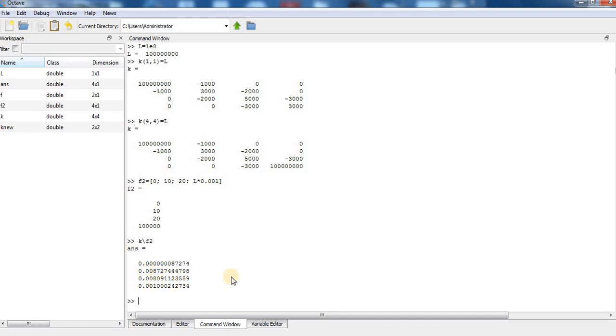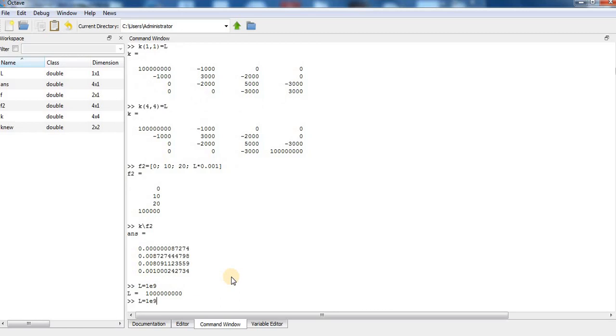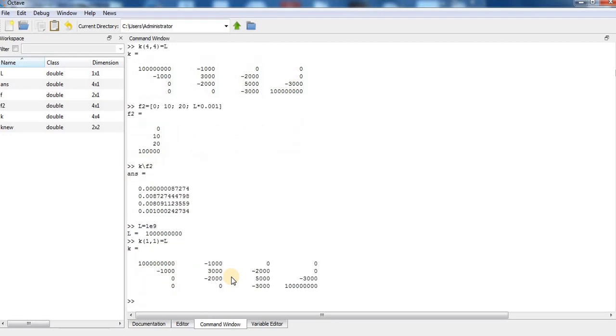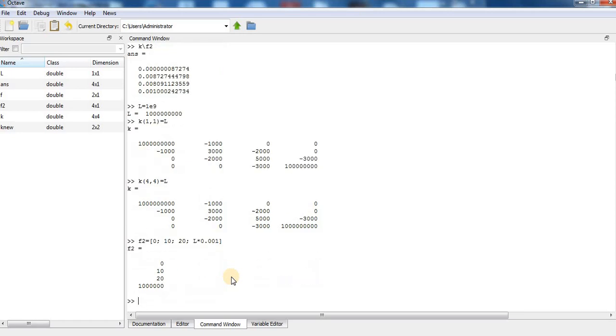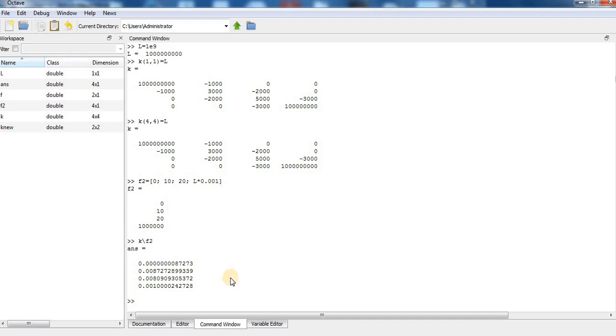So now if you use L equal to say 1E9 and you use, as I told you, the upper arrow key is used to get the previously used commands. Okay, now if you solve, so this is the solution.